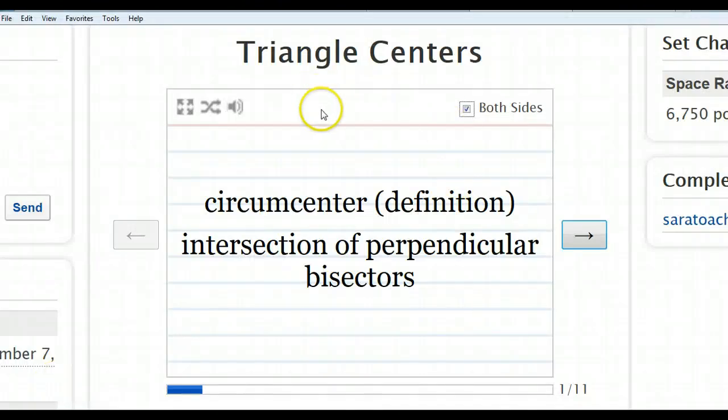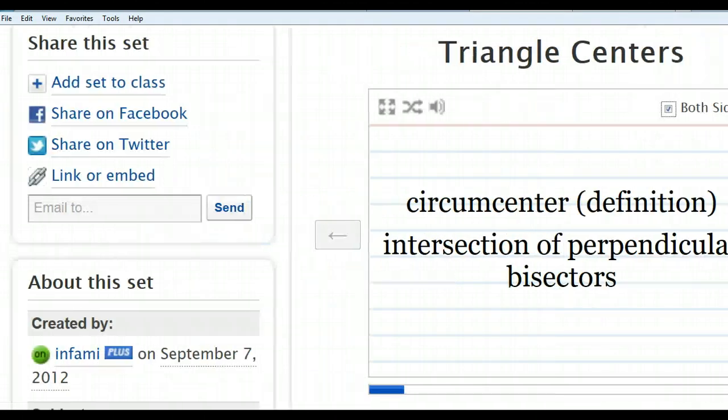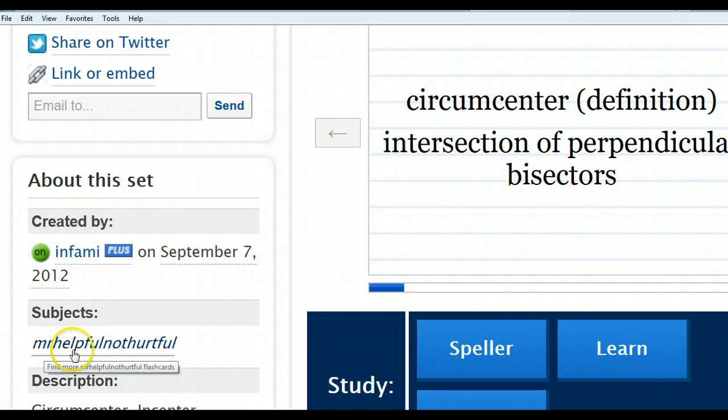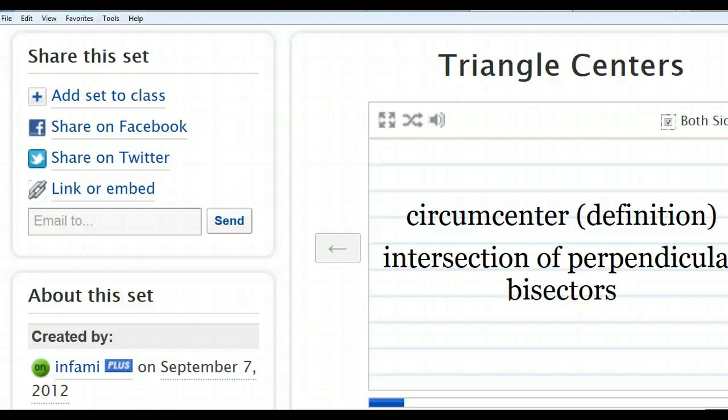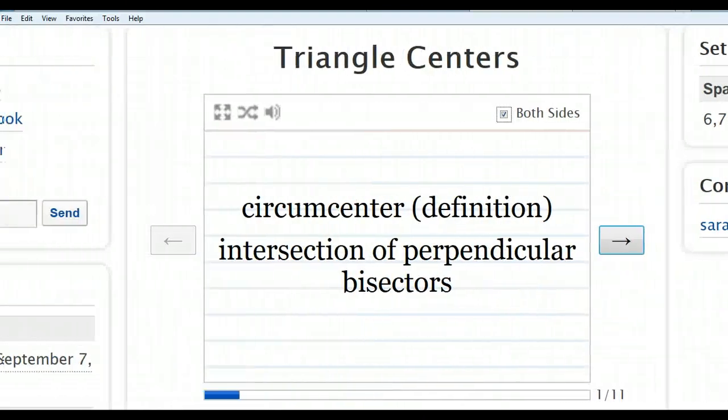All right, let me quiz you again, but let me also show you and remind you how Quizlet works. This is a flashcard set, and you can create your own as well if you get comfortable with it. Just go to Quizlet.com and search for Mr. Helpful, Not Hurtful, and you will find all of my flashcard sets, including this one.